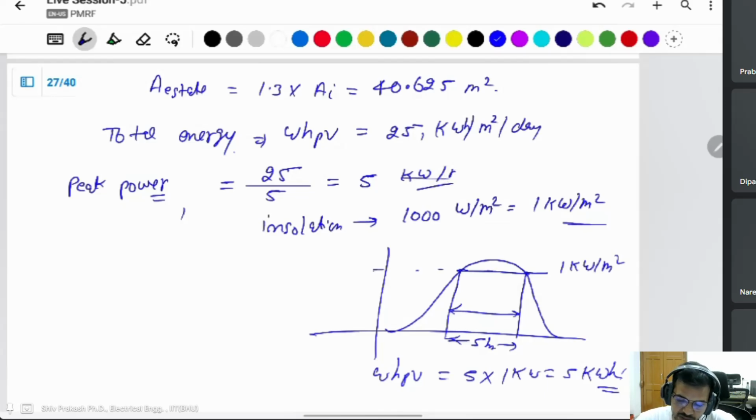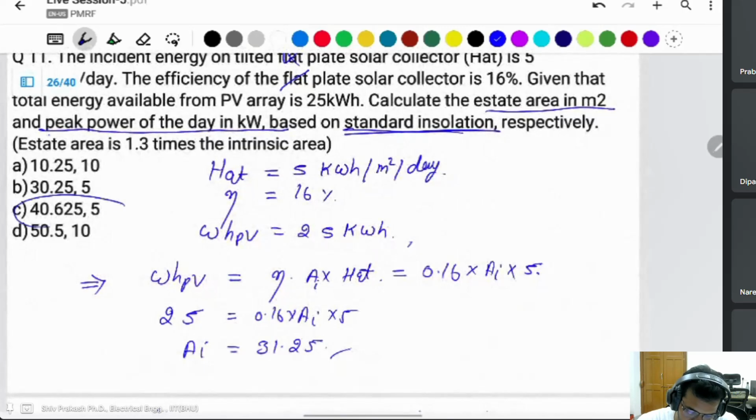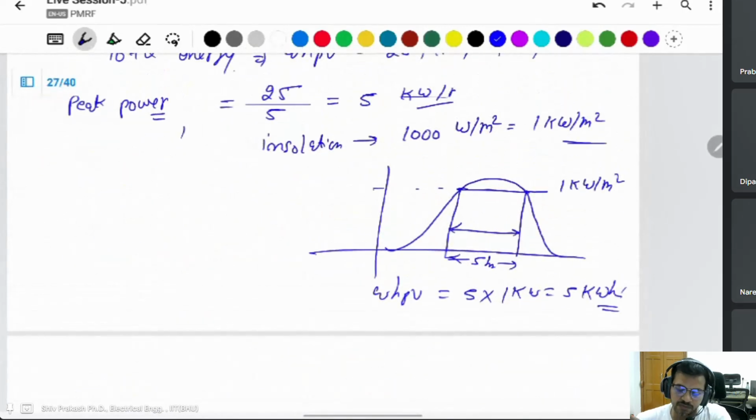Given a standard insulation, the total energy on the solar plate is 5 kilowatt hour. It means 1 kilowatt is the standard insulation and the duration is 5 hours. That's why it is known as 5 kilowatt hours.